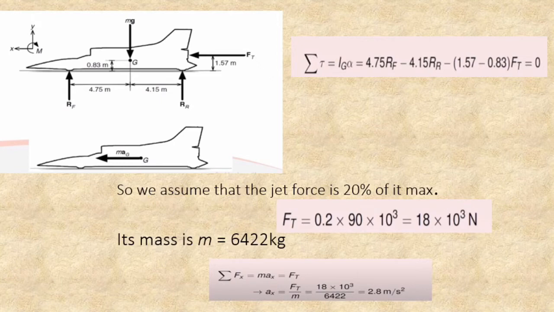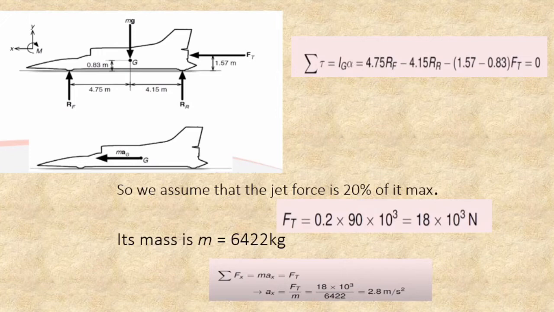You can see that for the x component we just have the thrust force in the positive x direction. In the y direction we have our two reaction forces at the front and the rear wheels, and they both get a positive sign because they are upward, and we've denoted up as positive.